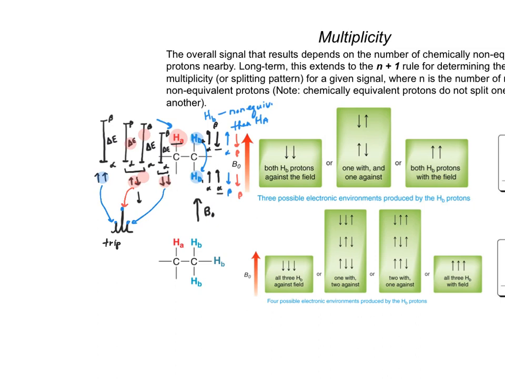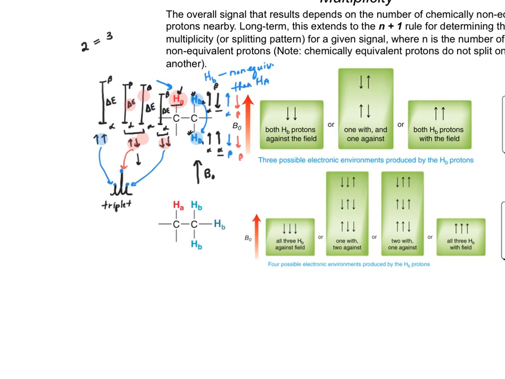With a triplet, we're looking at 3 peaks, and they have to have that 1 to 2 to 1 ratio. So for this guy, this is HA's signal that will be split into a triplet. It was nearby 2 protons, so when we have 2 nearby non-equivalent protons, we end up getting 3 peaks, split in that 1 to 2 to 1 ratio.